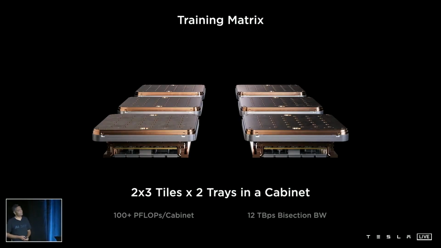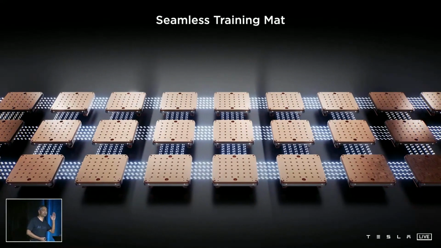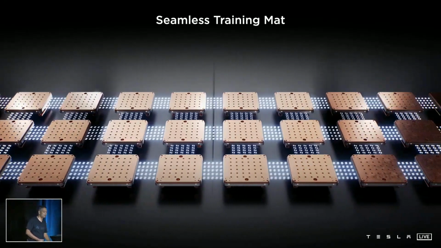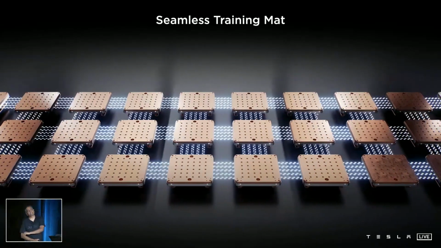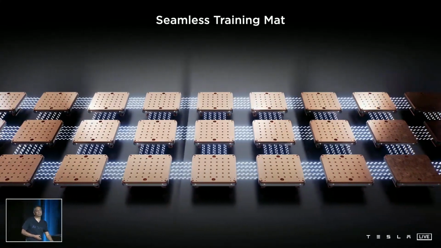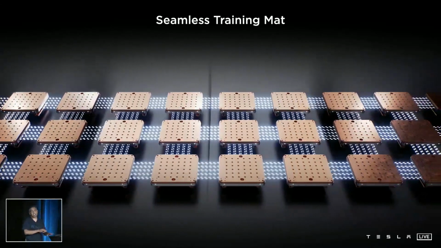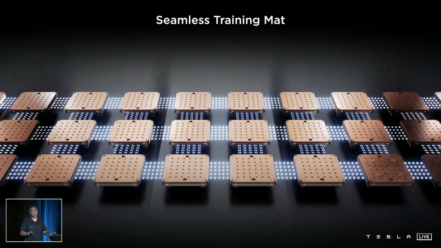Did we stop here? No. We broke the cabinet walls. We integrated these tiles seamlessly all the way through, preserving the bandwidth. There's no bandwidth divot out here. There are no bandwidth cliffs. All the tiles are seamlessly connected with the same bandwidth.